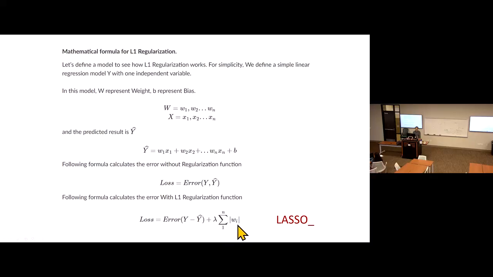This term makes the loss function sensitive to the summation of the beta values. If a lot of beta values are set to 0 and you only keep the important ones, this term will be small, and at the same time you also keep the error term small. Then altogether you get the best solution for your loss function.